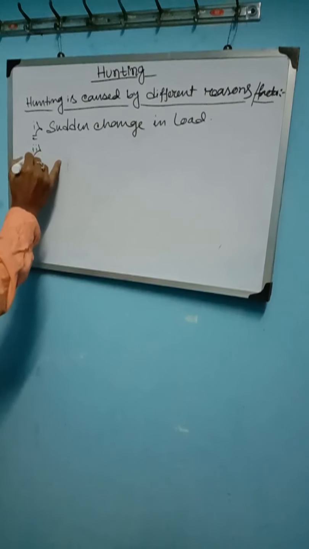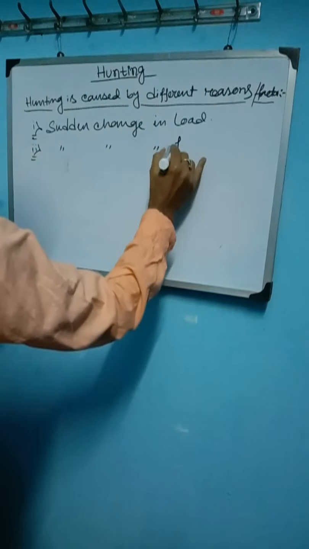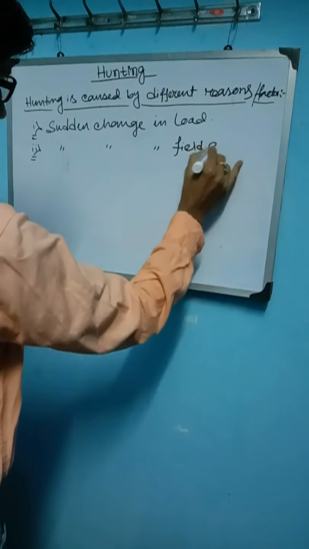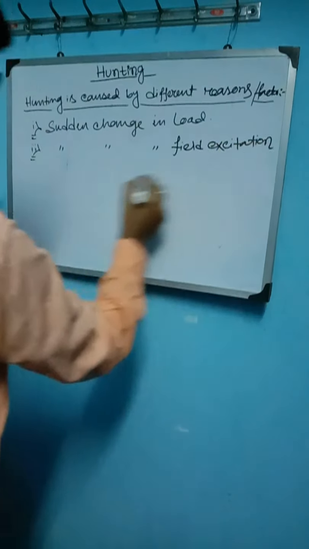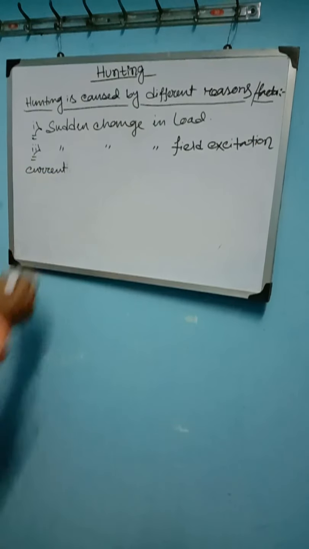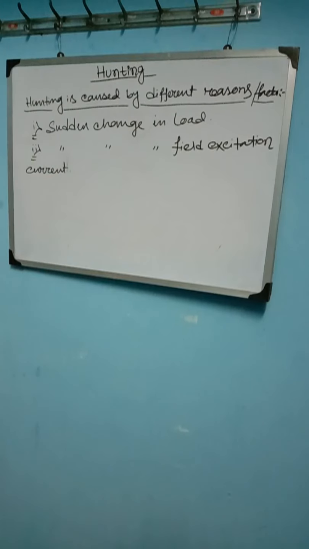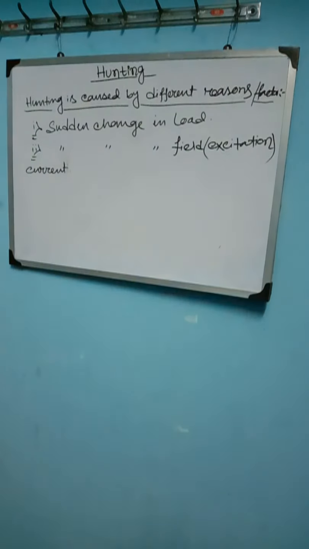Number 2, sudden change in field excitation current. If we suddenly increase the field excitation current, in that case hunting also happens.